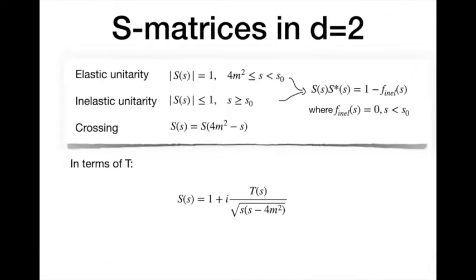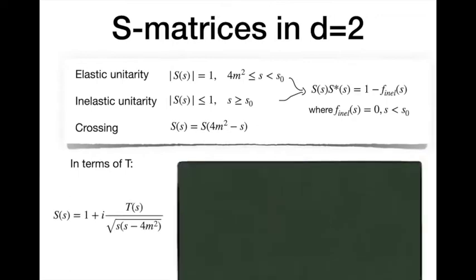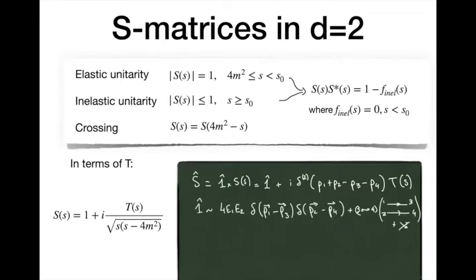We worked at the level of the amplitude, T, actually. In 2 dimensions, T is related to S with this inverse factor that may be slightly odd to you. It's just coming from kinematics. The idea is that, as operators, S is the operator 1 plus i times T, the amplitude.